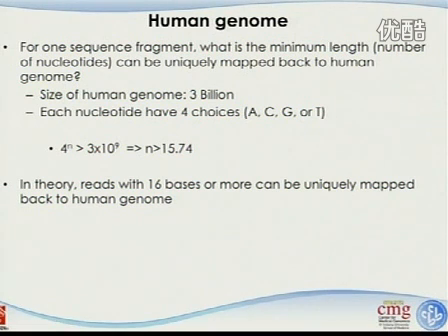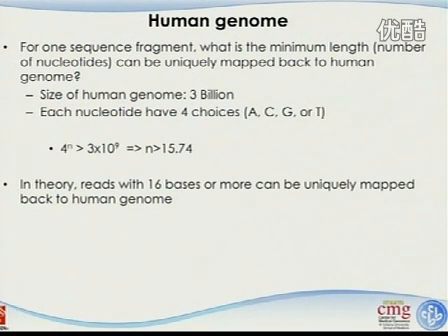Is that right? Once you design the primers, 16, 17, 18 is probably okay, but you still want to see whether it falls into the repetitive elements. But the point here is, in theory, reads with 16 bases or more can be uniquely mapped back to the human genome.